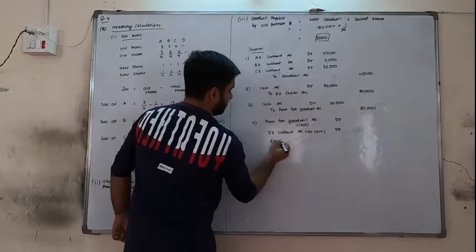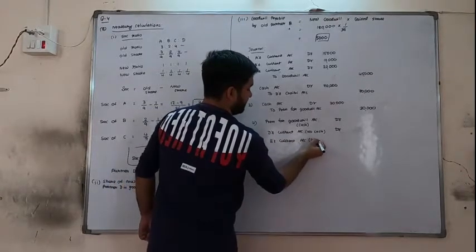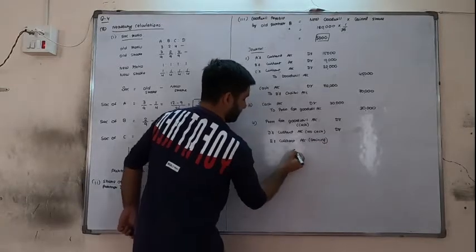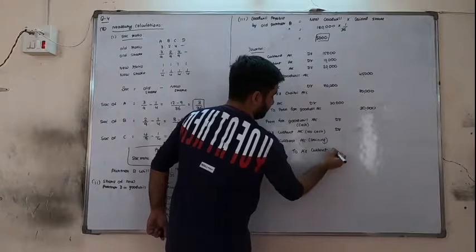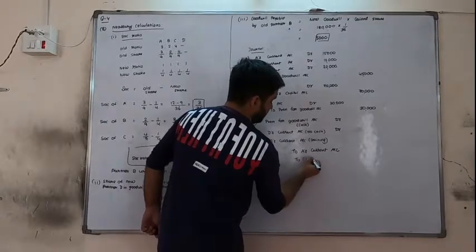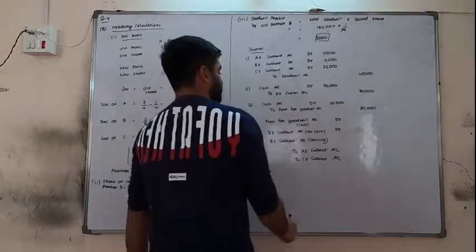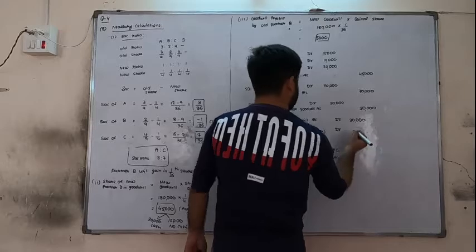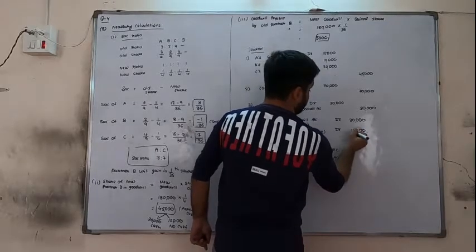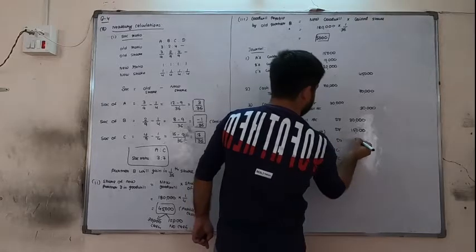Then B's current account debit, as B is gaining, to A's current account, to C's current account. They both are sacrificing. Now premium for goodwill is 30,000. No cash amount is 15,000. Goodwill payable by this partner is rupees 5,000.